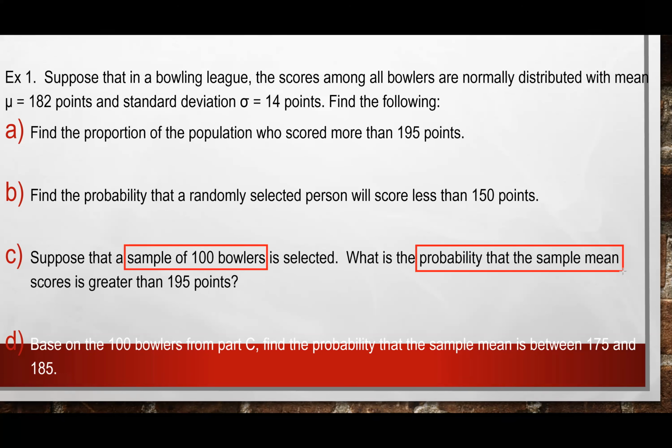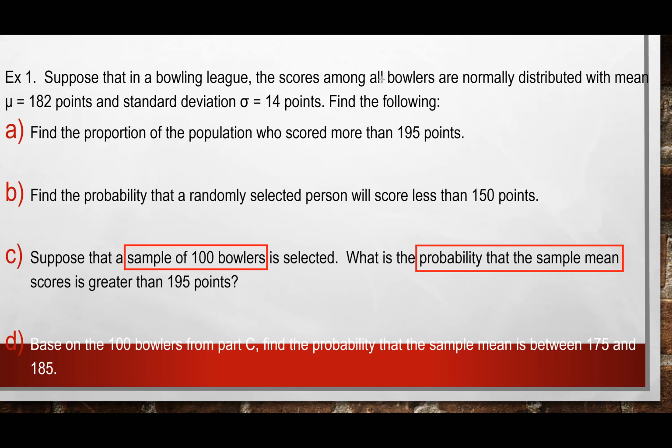So whenever we deal with a sample, that's when, in 6.2, we have to find our standard error. We need to adjust our standard deviation, and use the new standard deviation, or in other terms, the standard error.